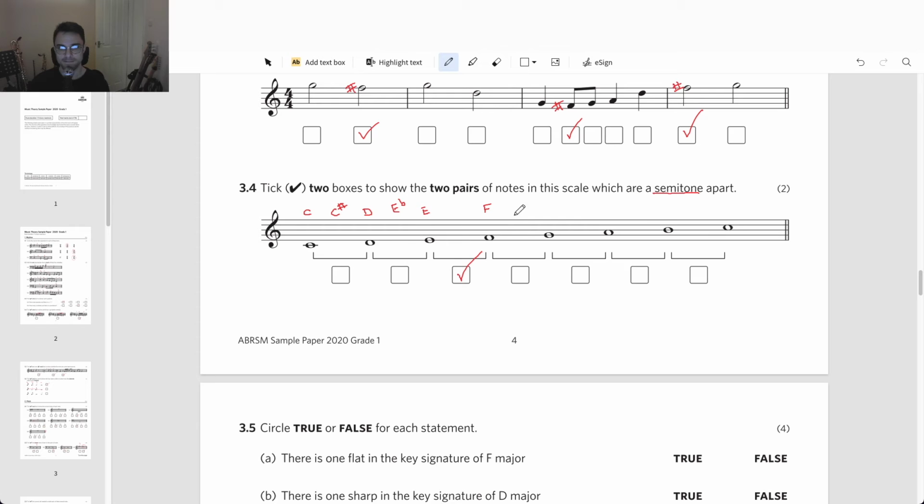Let's keep going. F to G. Is there a note that fits between these two? Yes, F sharp fits between these two. So it's not this one. G to A. Is there a note that fits between G and A? Yeah, G sharp or A flat.